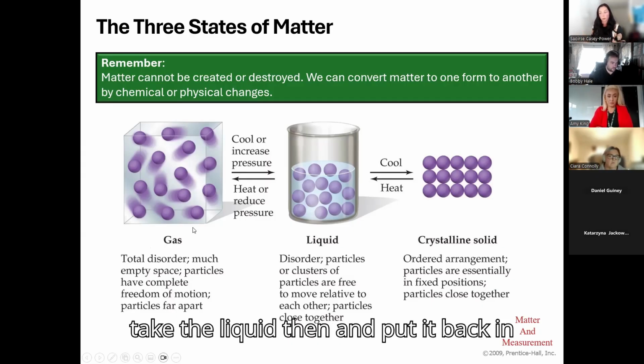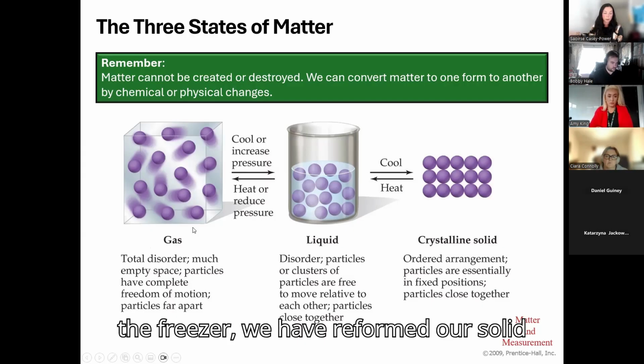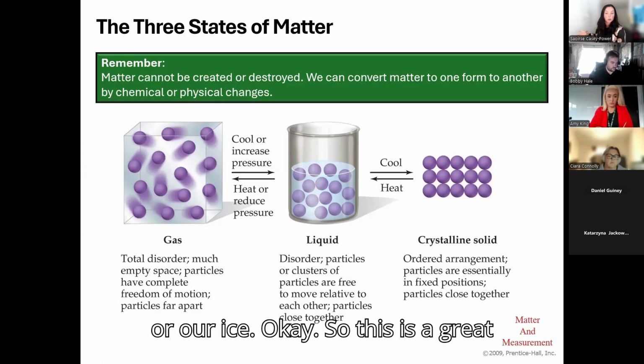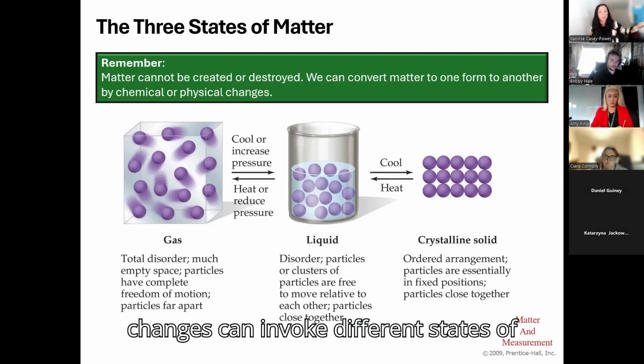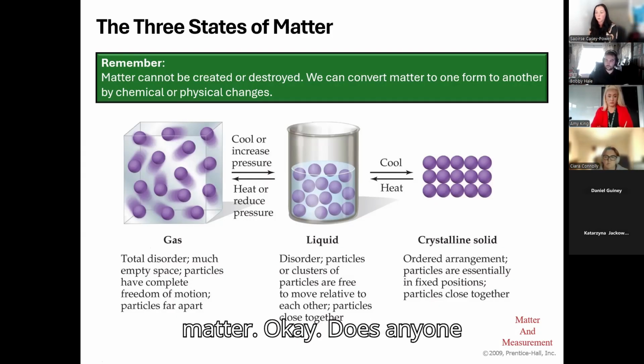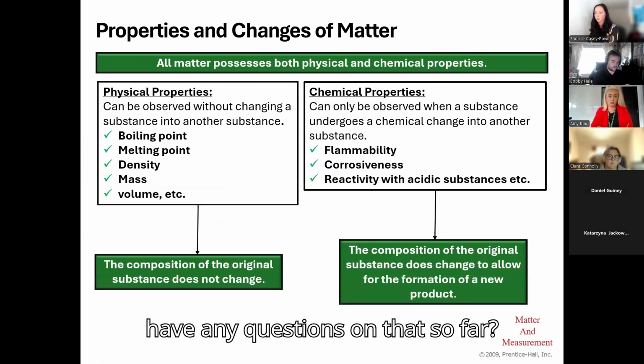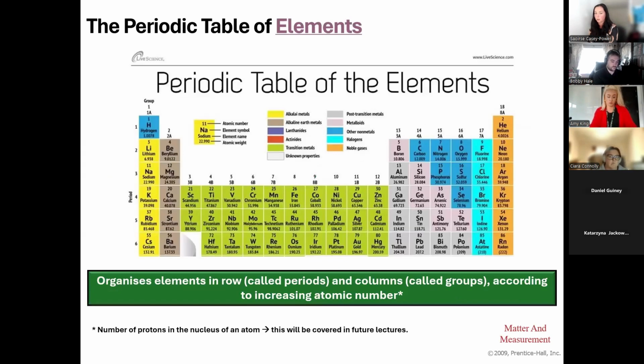If I were to take the liquid and put it back in the freezer, we have reformed our solid, or our ice. So this is a great example to show you the three states of matter and how different physical changes can invoke different states of matter. Does anyone have any questions on that so far?